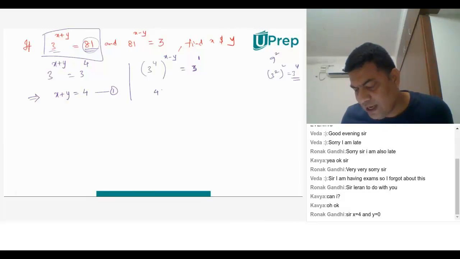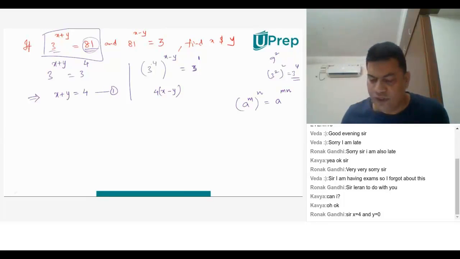Very good. 4x minus 4y, or 4 times of x minus y, because a power m whole power n is a power mn. Therefore, your 3 power 4 whole to the power of x minus y will be 4 into x minus y.